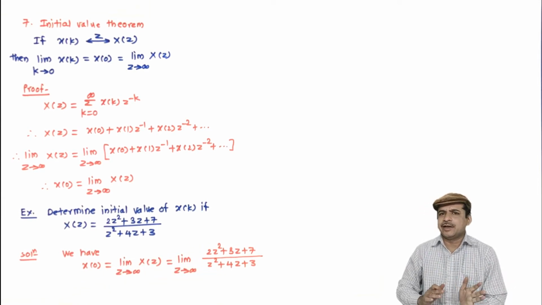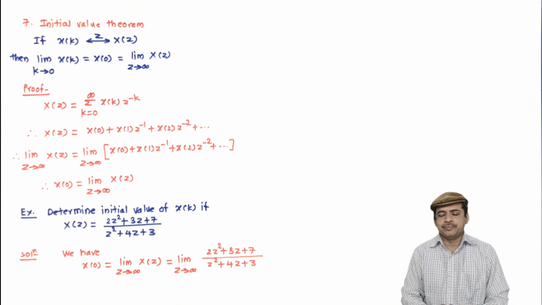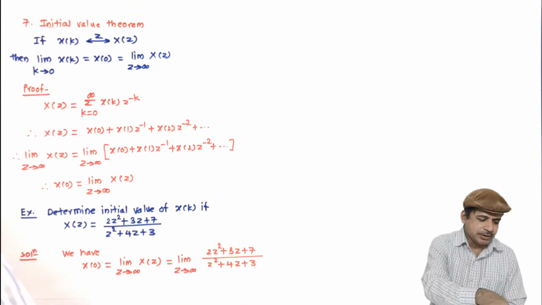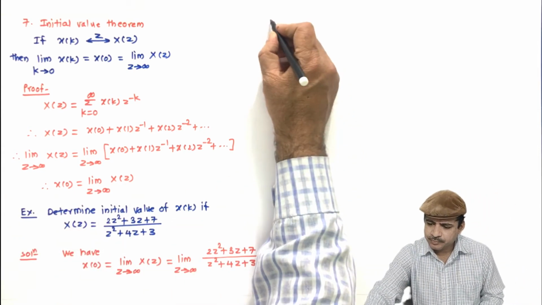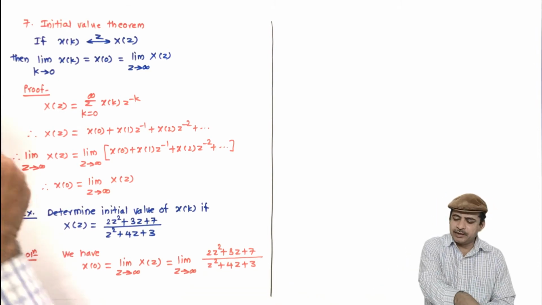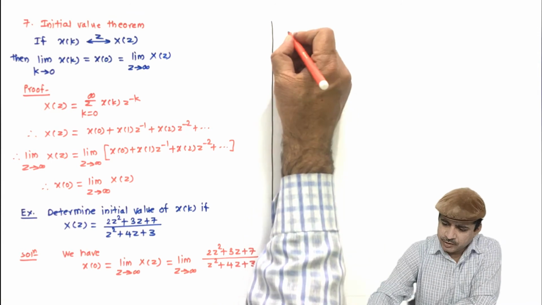And then you can go by L'Hospital rule and proceed with the L'Hospital rule till you get a determinate form. Or otherwise, in this case, what I propose is that it is better to divide numerator and denominator by z square.